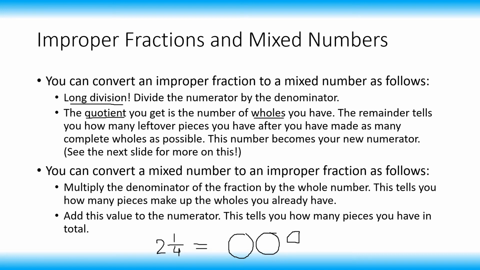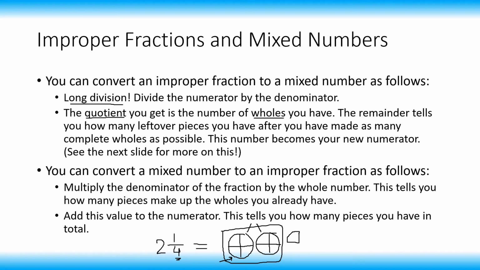But these two wholes could also be cut into quarters. As long as we still have all 4 pieces, it's still 2 wholes, right? But now if I want to count how many pieces I have in total across these 2 wholes right here, then I can take the number of pieces per whole, per pizza, which is this 4 right here, and multiply it by the number of pizzas, which is 2.